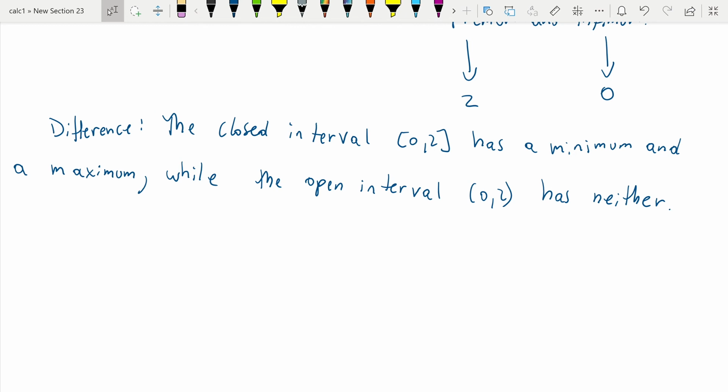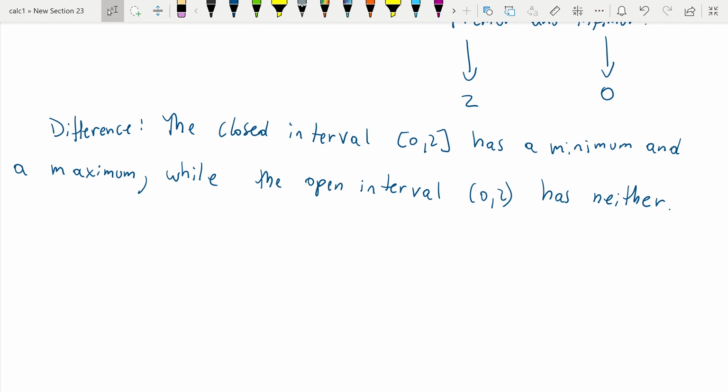And the main takeaway from here is that a maximum is a very specific type of upper bound. For it to be a maximum, it is required that it is an element in the set. And of course, 0 and 2 are not elements in the open interval, so a supremum and an infimum are not going to be in the set.